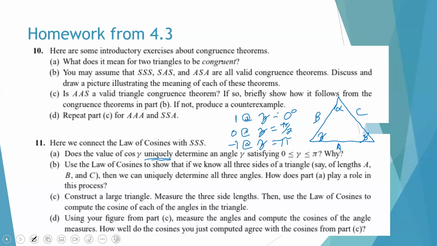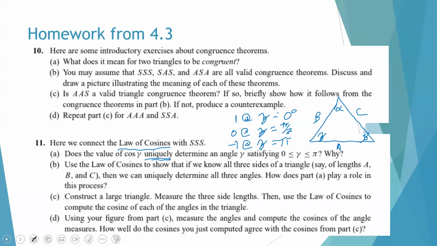All right, so then using the law of cosines, I'm going to manipulate, I'm going to move stuff around. We want to solve uniquely for gamma. It means I'm doing the cosine inverse.